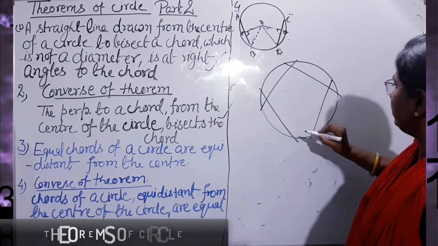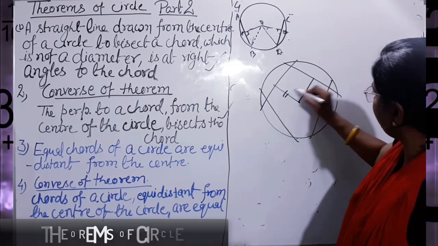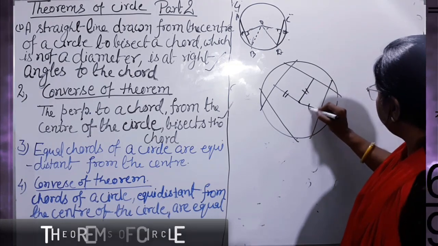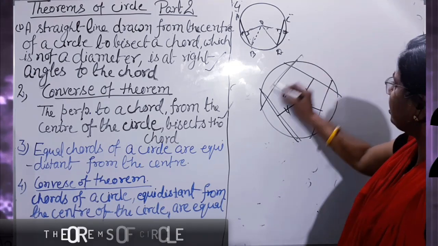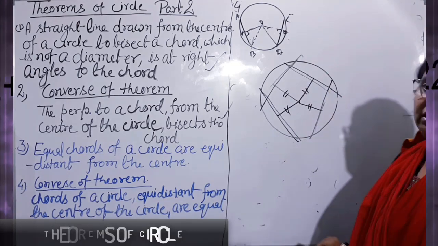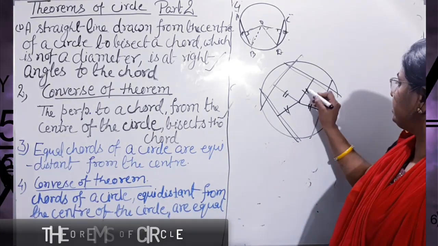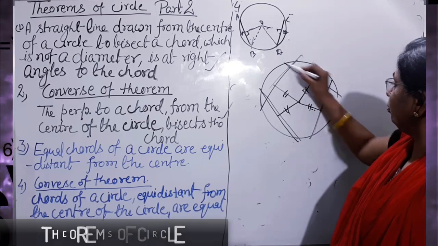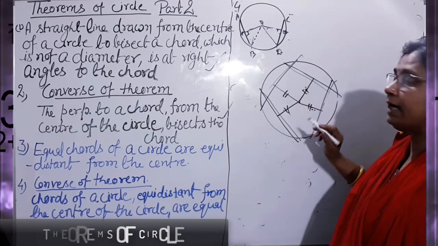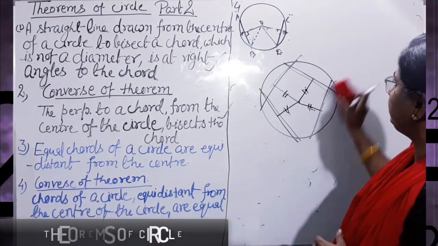And if they are equidistant, all distances are the same, it means the chords are also equal. If all the perpendicular distances from the given chords are the same, that means all chords are equal. That is the converse of the theorem.